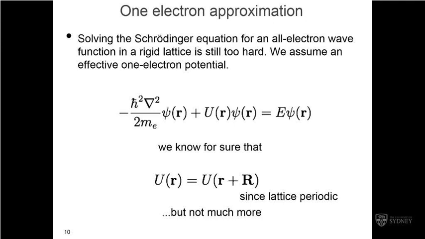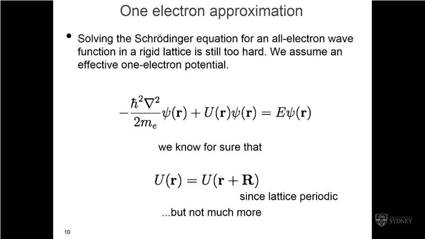And as I mentioned, we are always going to assume that our solids are periodic, not dealing with amorphous materials. So our potential is periodic, where R is the lattice vector. What it means is, you make your crystal up from lots of unit cells that are all the same.